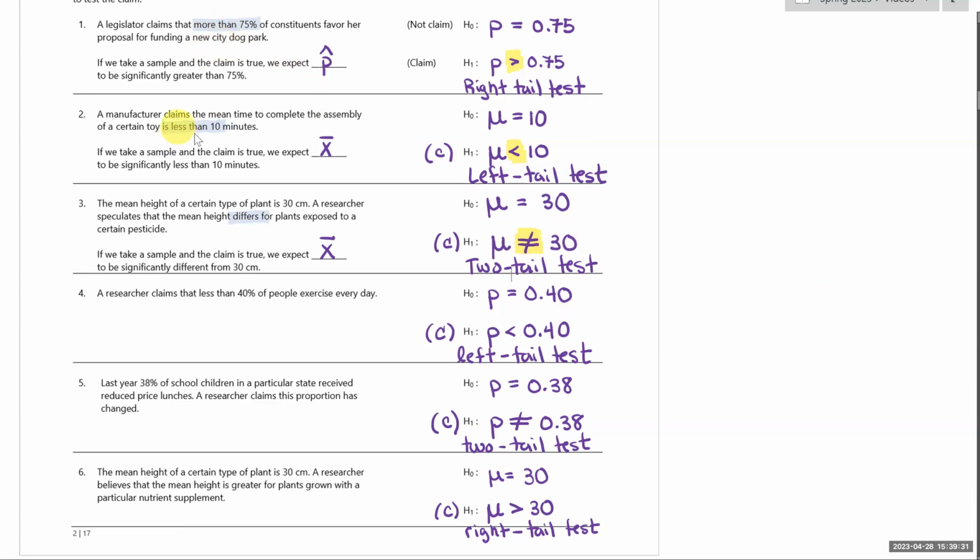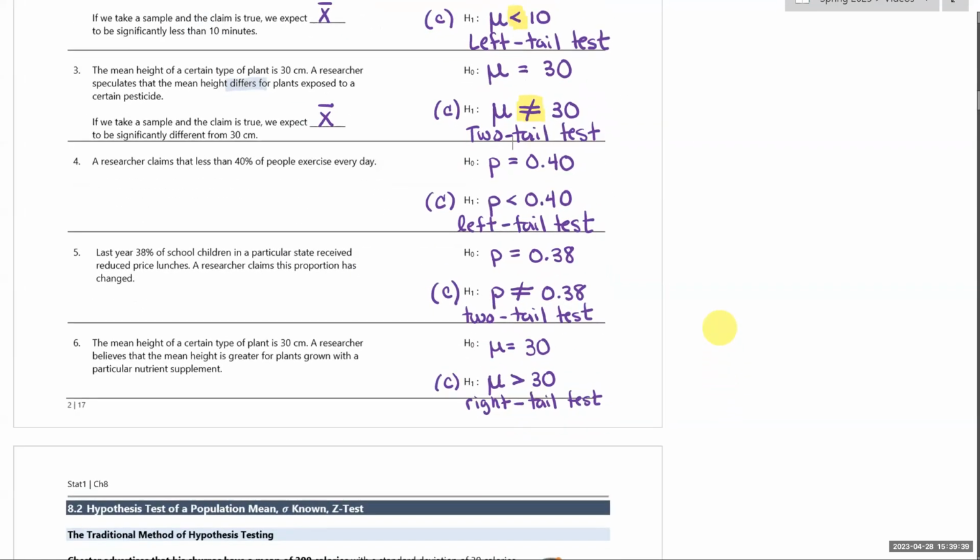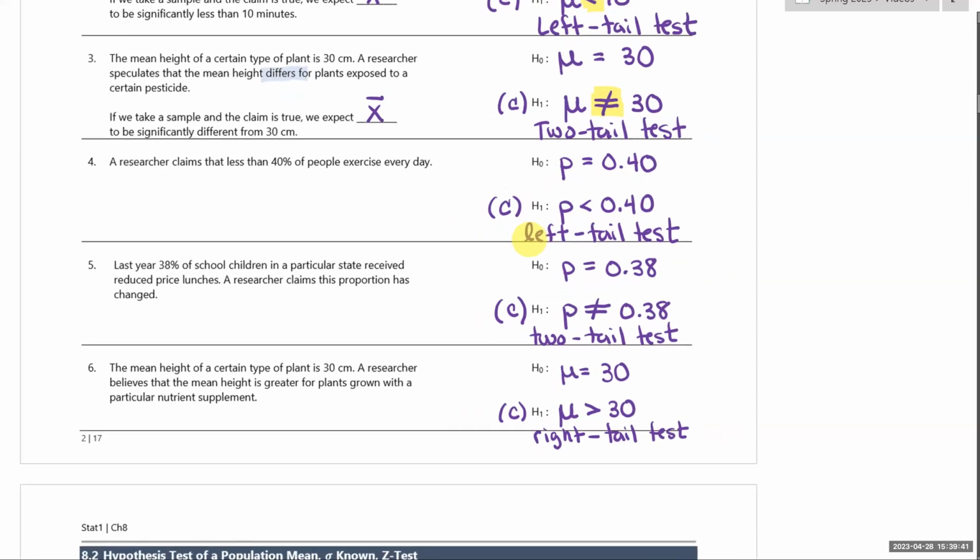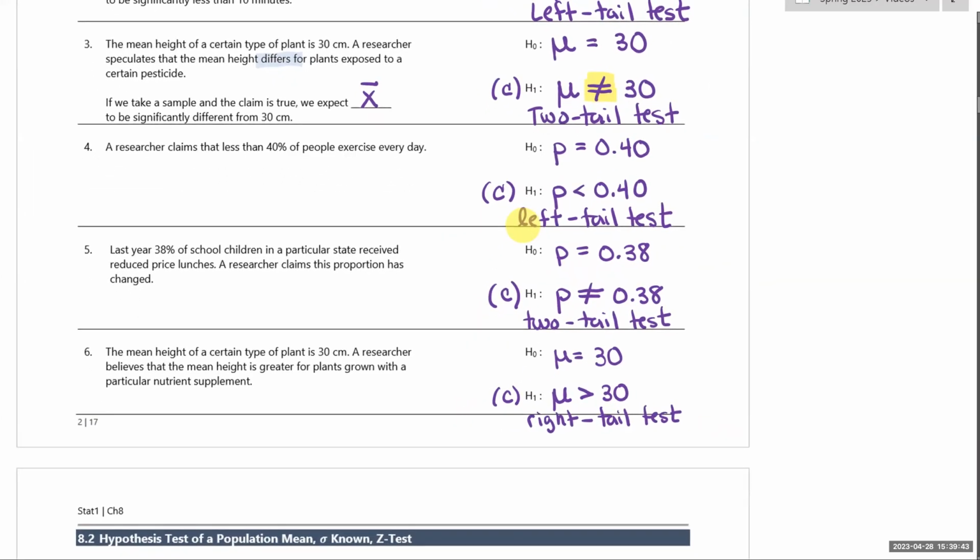So there's going to be keywords that tell you what symbol to put in your H1, your alternative hypothesis, and therefore know if it's going to be a left tail test, right tail test, or two tail test. So I'll just highlight the remaining ones here. So less than 40% is a less than sign.